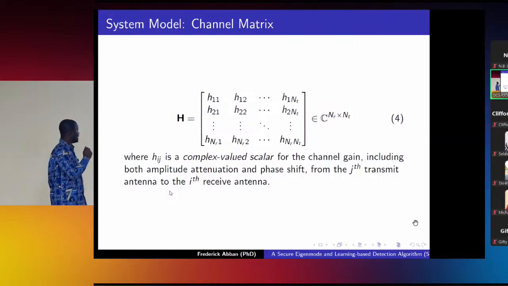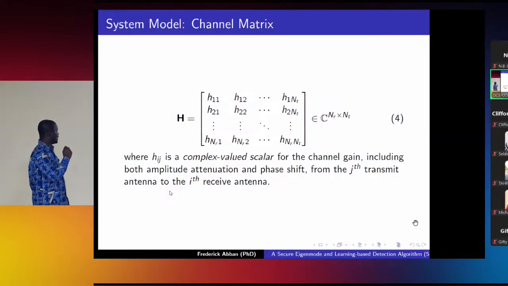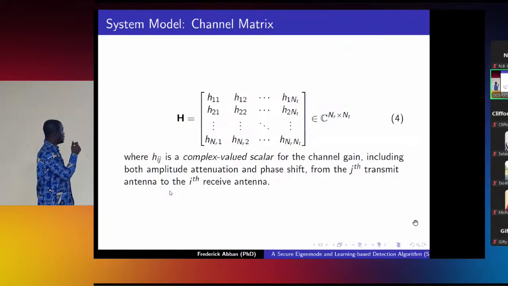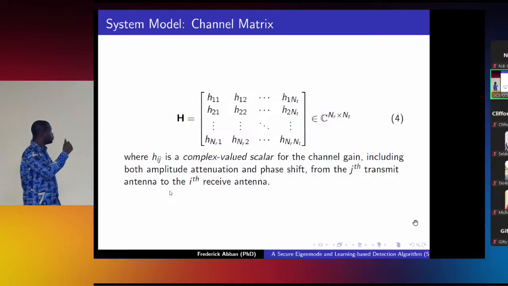A typical signal has got ith and jth complex values, like I said earlier on. And these complex values include amplitude attenuation, phase shift, and other features.